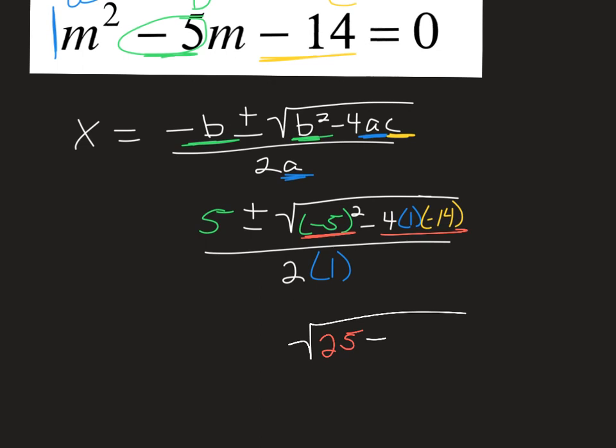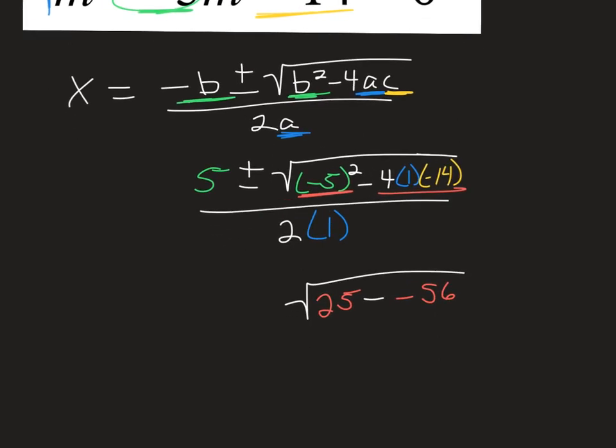So 4 times 1 would be 4. 4 times negative 14 would give me a negative 56. And I notice that, again, I've got a minus right here. And we know that minus a negative is going to turn that into a plus. So underneath the square root now, we're really adding 25 plus 56, which is 81.